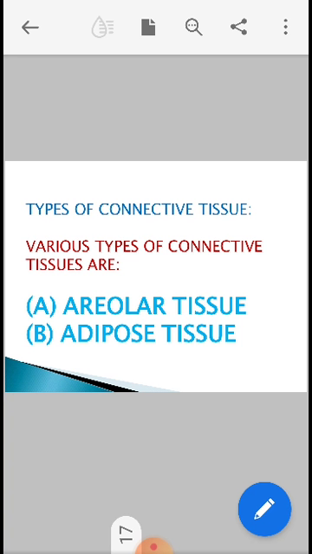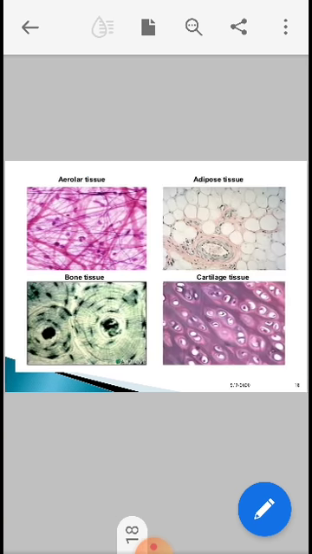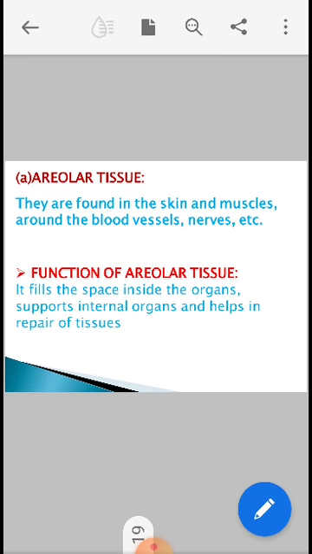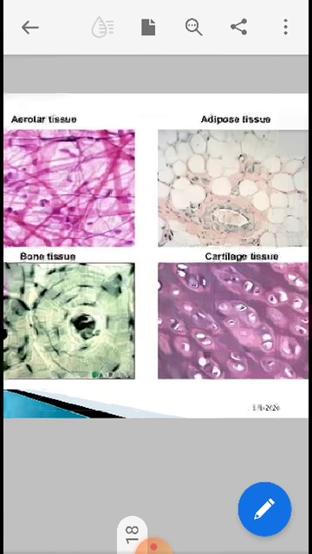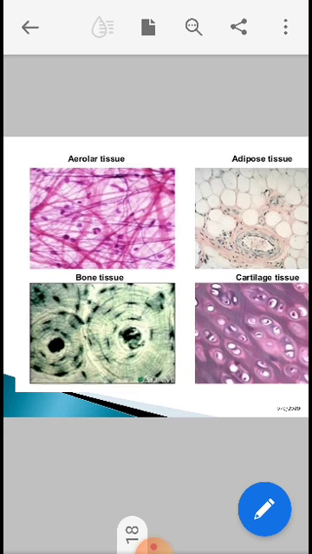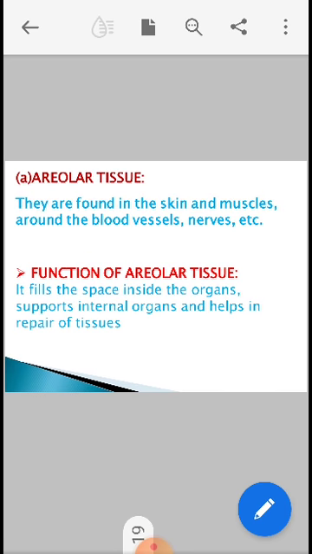So let's talk about the first connective tissue, that is the areolar tissues. What are areolar tissues? Areolar tissues are found in the skin and muscles, around the blood vessels and nerves.